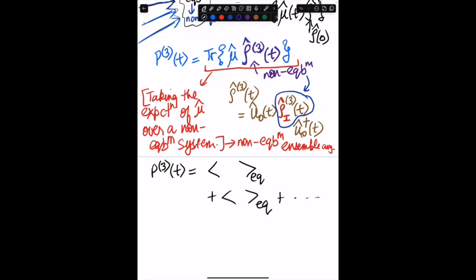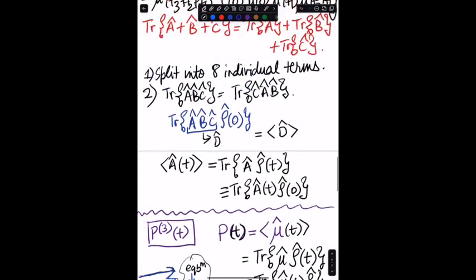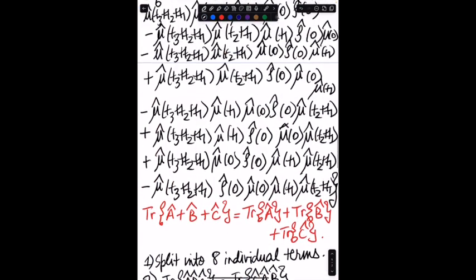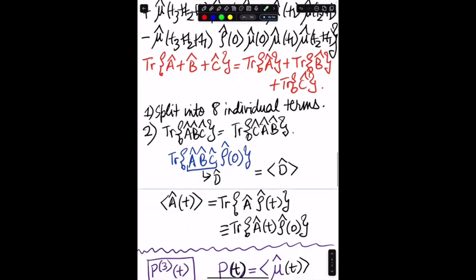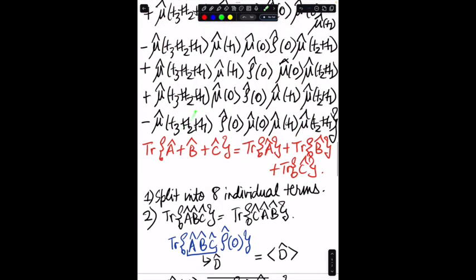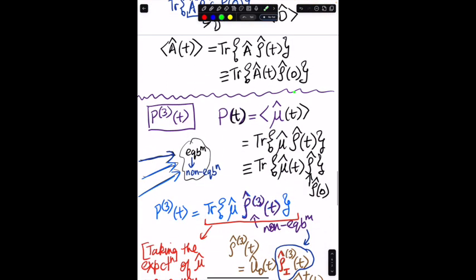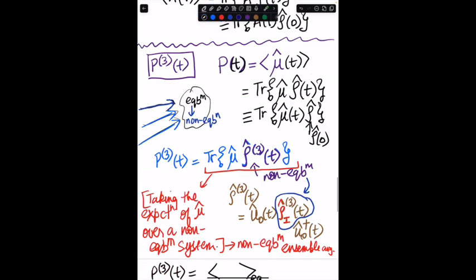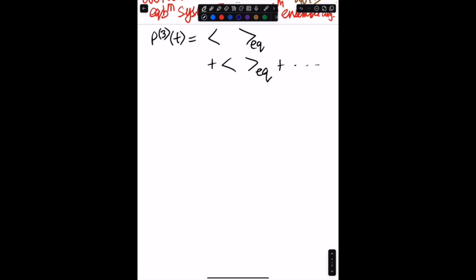Now, what does this mean? If you go back up, as I had just described, what I'm going to do now is to move these dipole operators such that they act from the left, and to the right would be my equilibrium density operator. And then the trace of these dipole operators, which are evolving in time, is taken with the equilibrium density operator. So that's why I'm saying equilibrium ensemble averages.